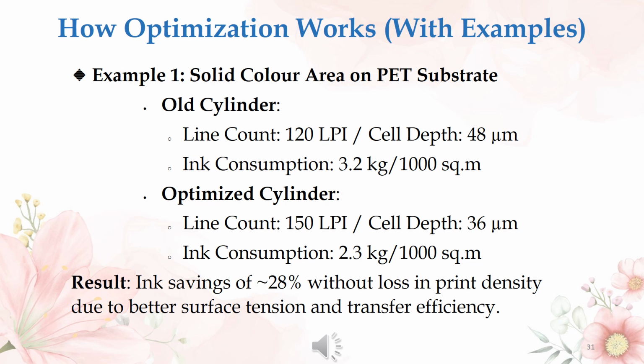In the optimized cylinder, line count was increased to 150 and cell depth was decreased to 36 micron. So ink consumption decreased by 28% without loss of print density, due to better surface tension and transfer efficiency.